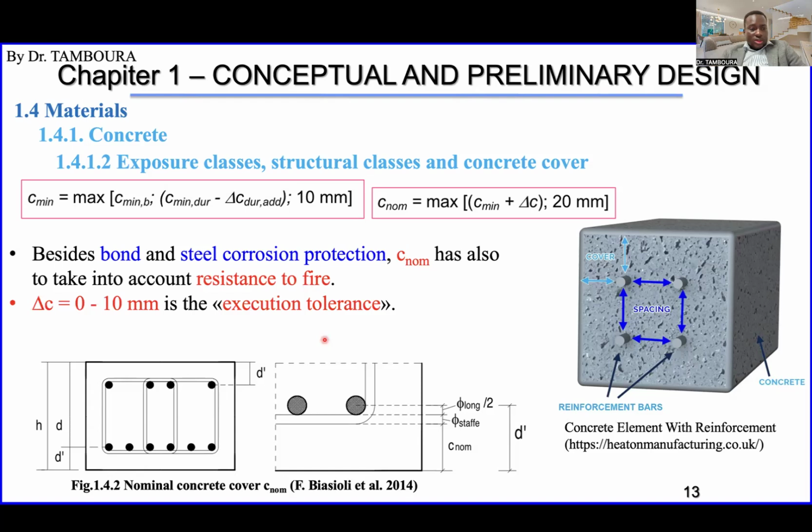So I think we will stop around here. Remember that for now, we are just giving these, okay, how to obtain C minimum, and from C minimum, how to obtain the C nominal. C nominal is explained here. Okay. So we have talked about the minimum strength of concrete.